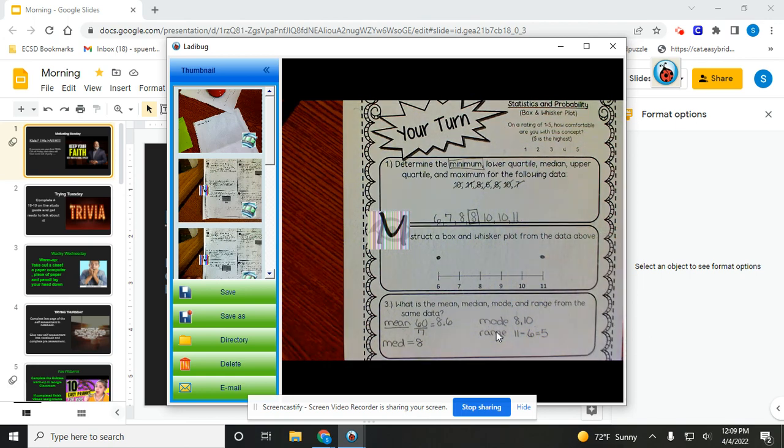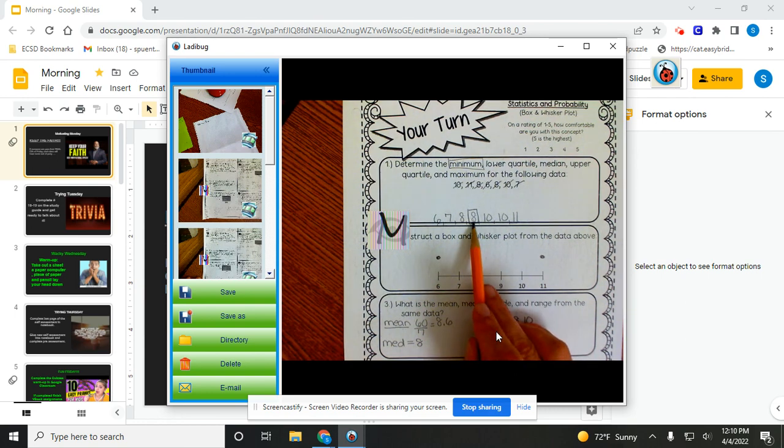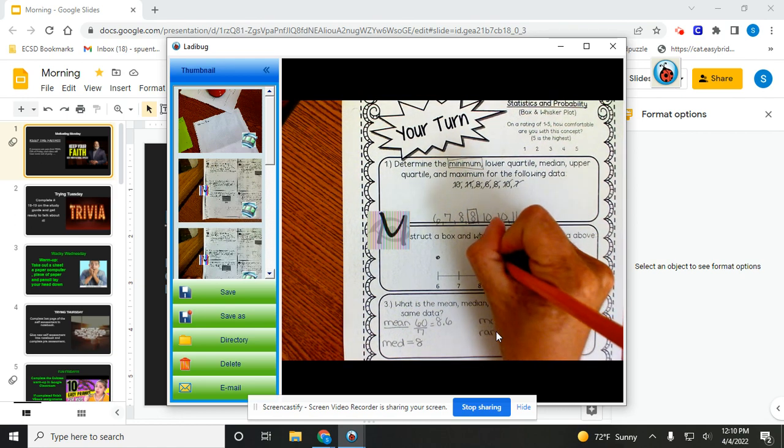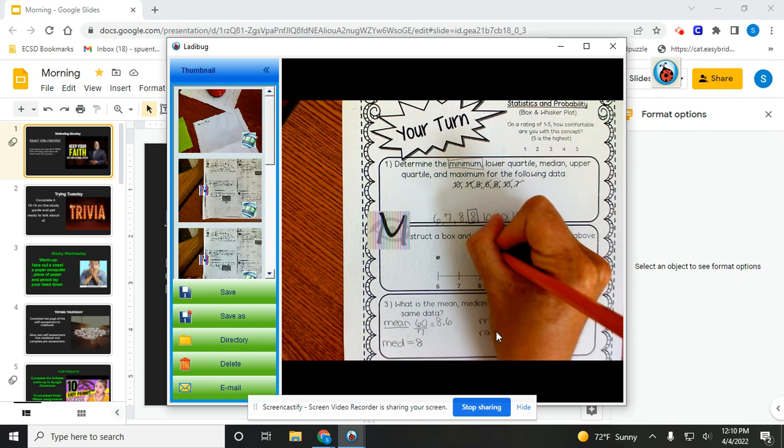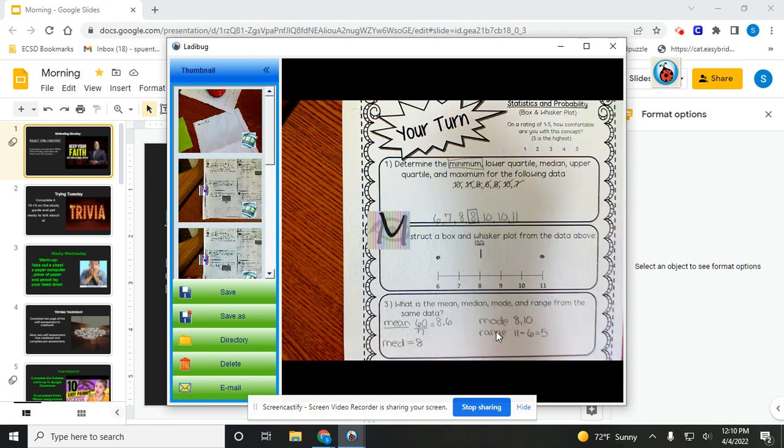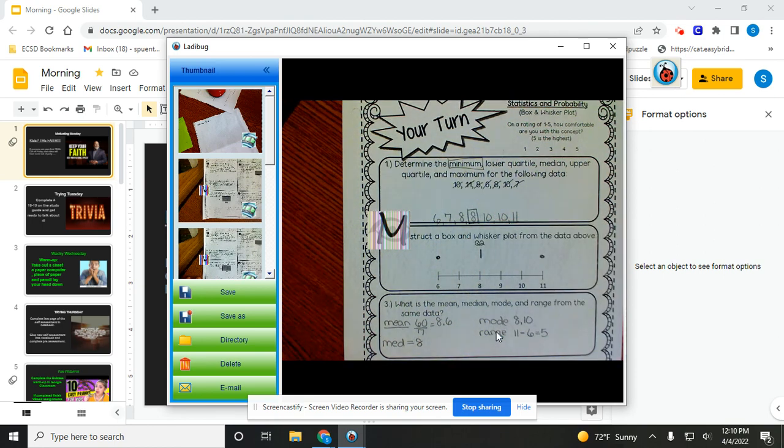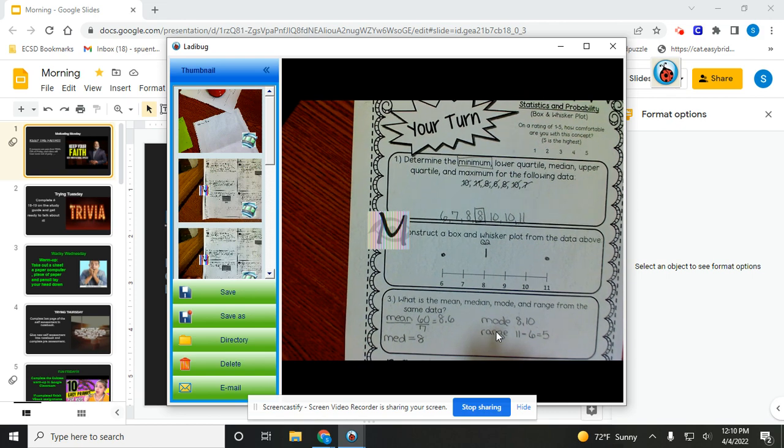So then to get this up and running, we know that our middle number right here is our 8. So we're going to put a little line right here in our 8. And this is also known as Q2. Right? And this is all information that you're going to have to be able to determine as you get your homework as well as for your CIA.